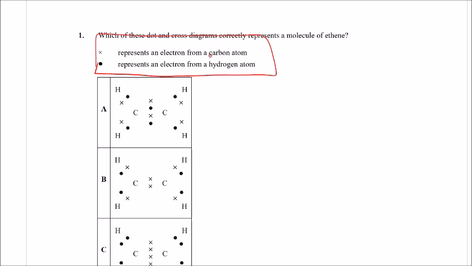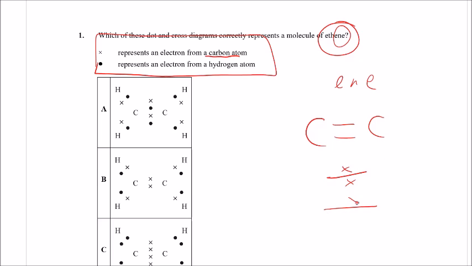So a cross is for carbon and a dot is for hydrogen. Now this is ethene as well, so you should remember ethene means that it's got a double bond carbon to carbon. Now each bond represents 2 crosses, so if you have 2 bonds, that will be a total of 4 electrons between the 2 carbons.